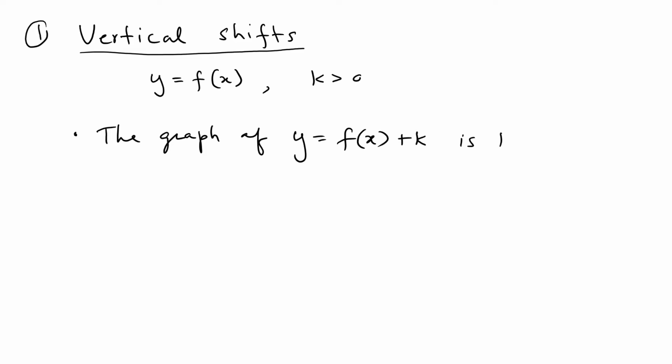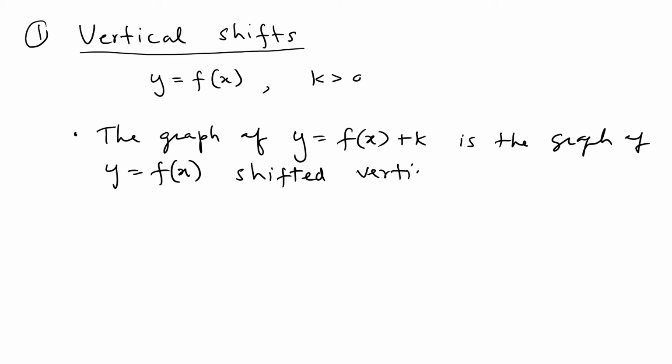The graph of y equal f(x) plus k is the graph of y equal f(x) shifted vertically upward k units. Okay, that's what happens when you have f(x) plus k.